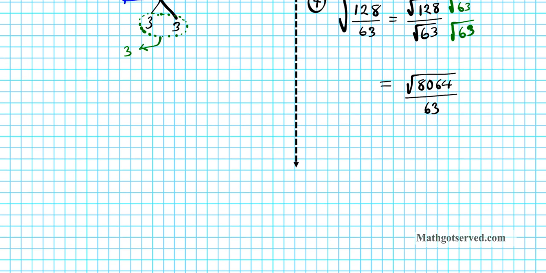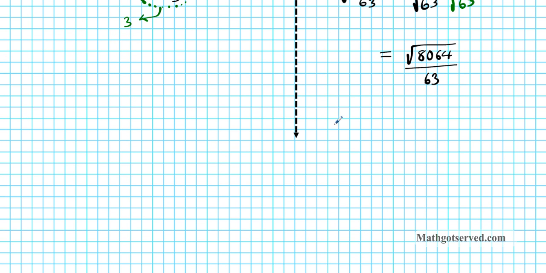Okay, now what we're going to do next is decompose 8,064 completely and see what factors repeat so we can extract them from the radicand, okay? So since this is even, I can take out a 2. If I take out a 2 from that, I'll have 4,032. Take out another 2. I'll be left with 2,016. Take out another 2.